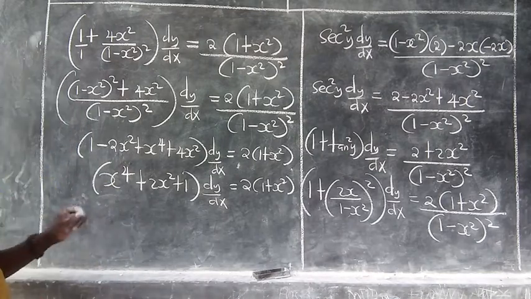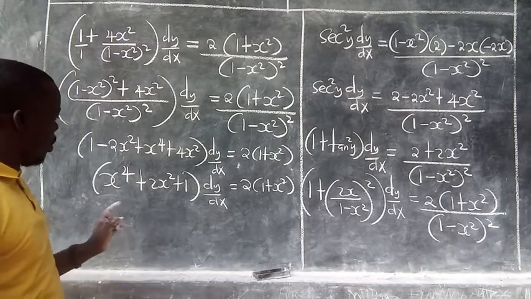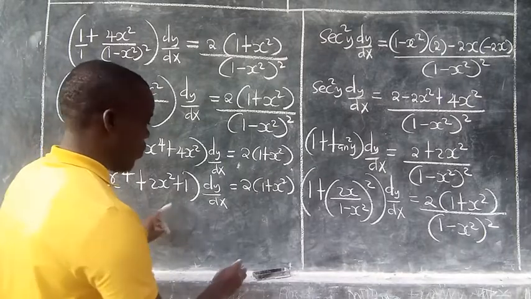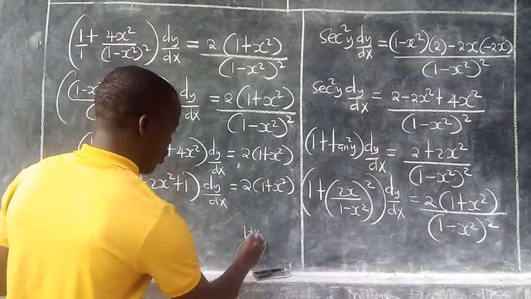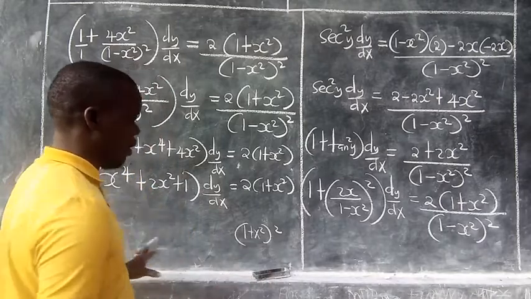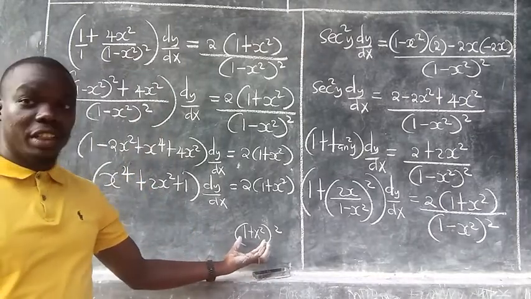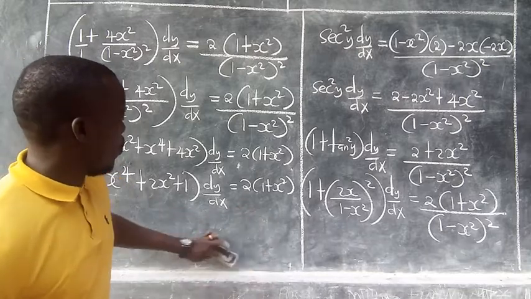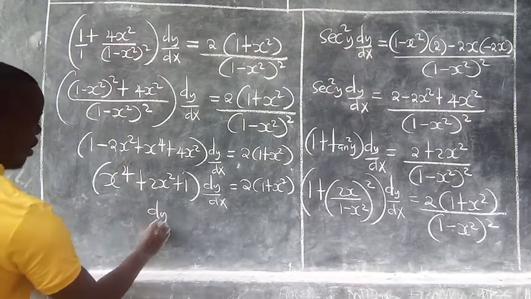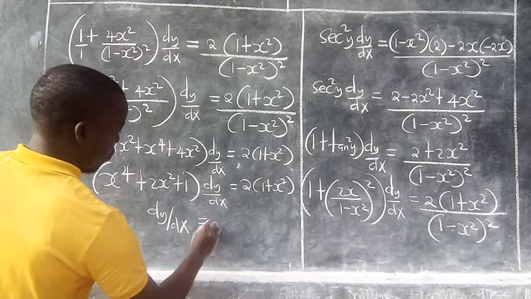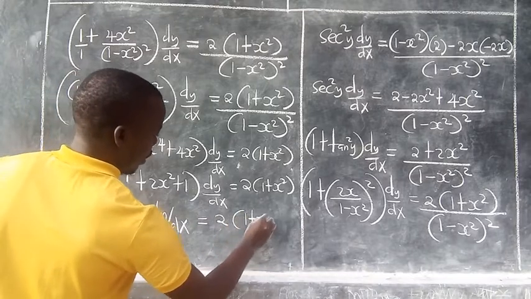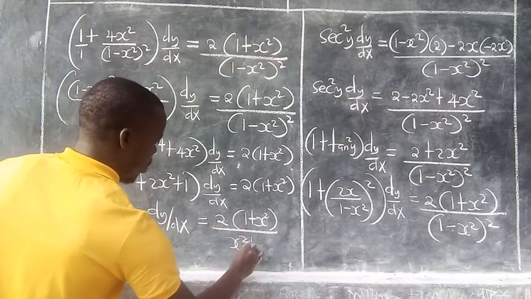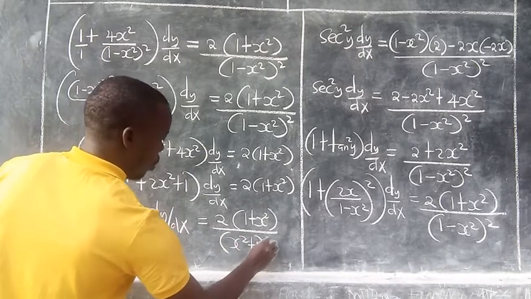Then we can do the division, but before we do so, you realize that x power 4 plus 2x squared plus 1 is actually as good as 1 plus x squared but squared. Actually, when you try to expand this, you will get this expression. So it means I will now have to write dy dx as 2 into 1 plus x squared divided by this expression, which is as good as x squared plus 1, but all squared.